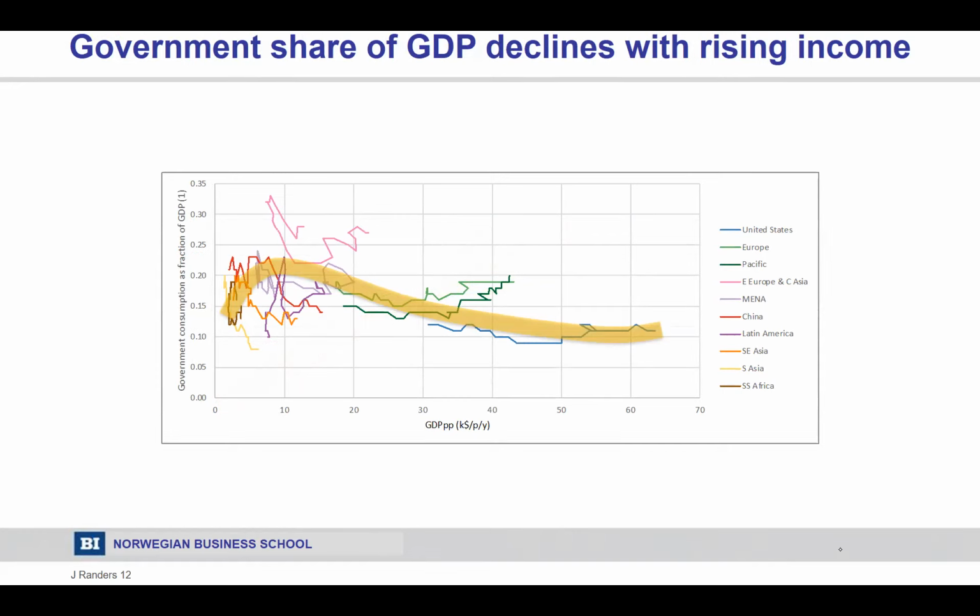But still, there is this obvious tendency that initially there is no state, then gradually you reach a peak state, and then it tends to decline. Clearly, if we decided to act differently, one can of course decide to have higher taxes and a bigger government, and then move away from the yellow line. But we use the yellow line as the global guide to the surprise-free future, the base run of the model.